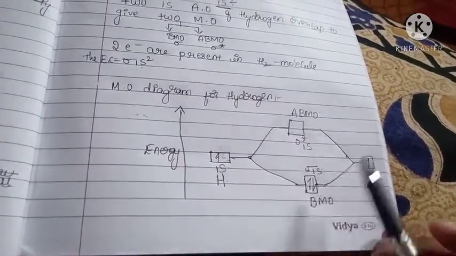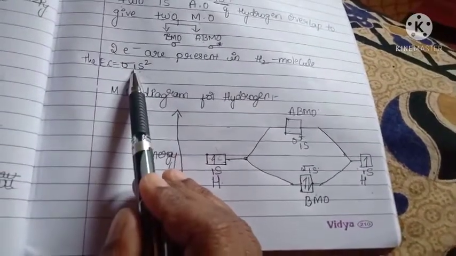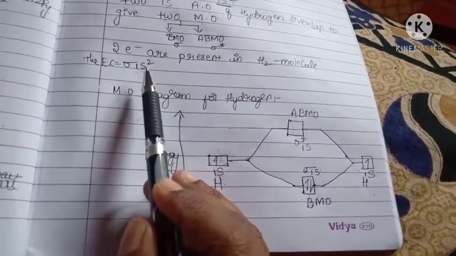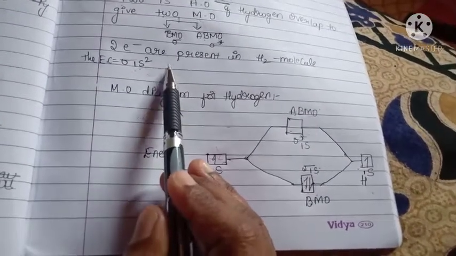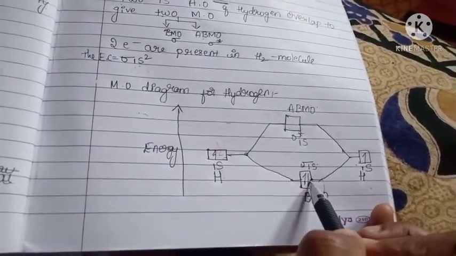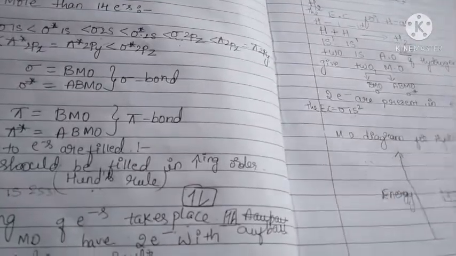After filling the electrons, you observe the electronic configuration, that is sigma 1s2. Here there is no electron for sigma star 1s. So 2 electrons should be filled. The 2 electrons of each hydrogen atom are added, and it is lower energy.